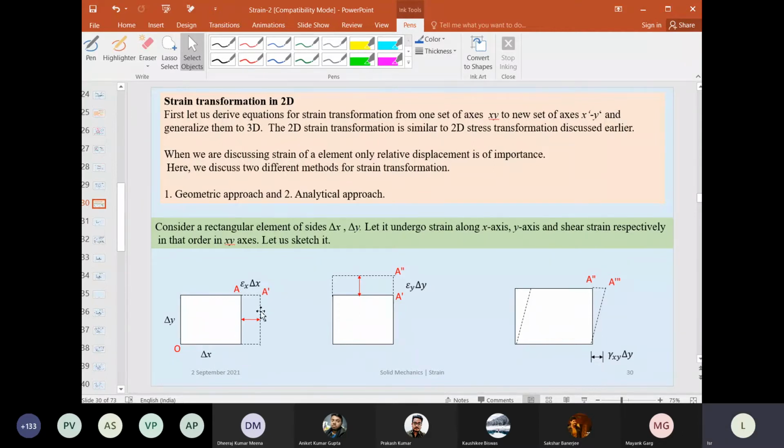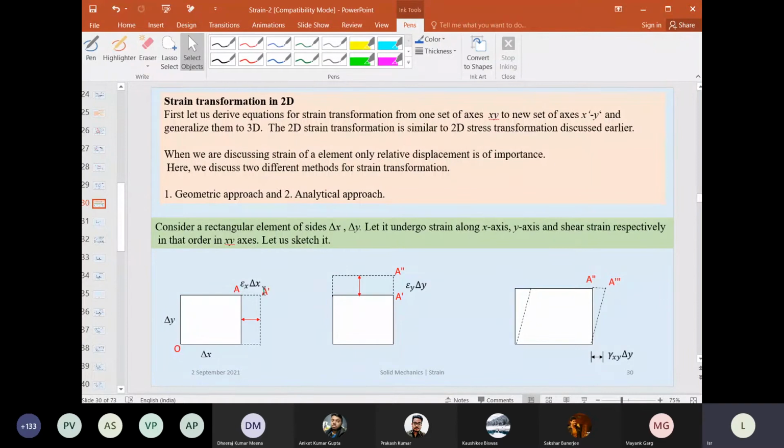First it undergoes strain in the x direction, epsilon x or epsilon xx. So A moves to A dash, and if this length is delta x, the total deformation is epsilon x into dx.